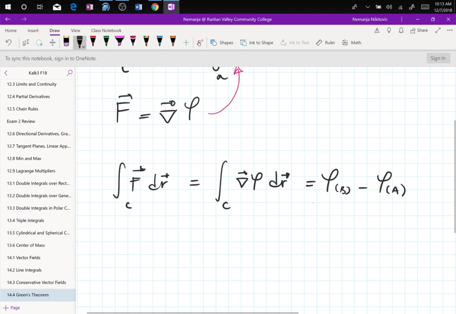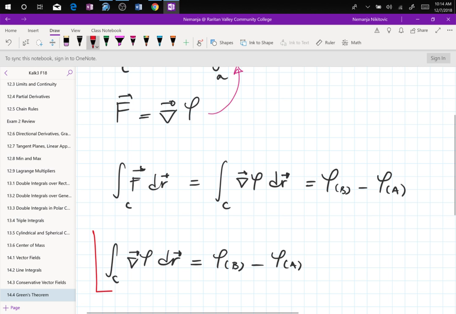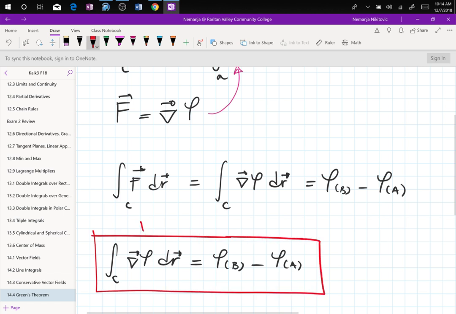So I'll write that here as the line integral of the gradient of phi dr is equal to phi of B minus phi of A. These are the endpoints. And I'll box this, call it the fundamental theorem of line integrals.